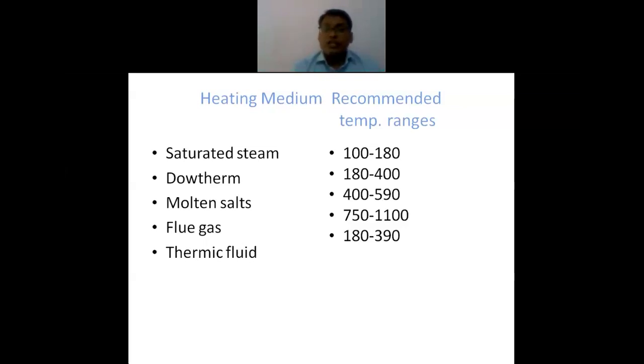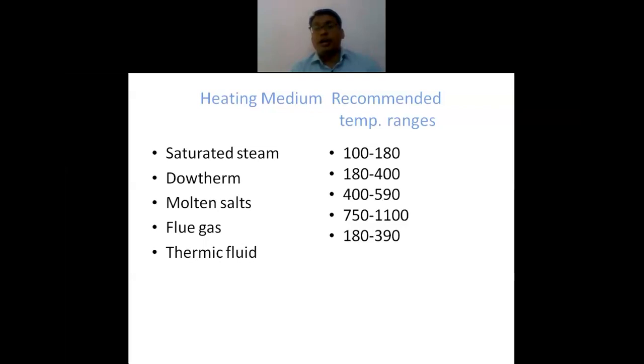They have a temperature range. Depending on the temperature required, I am going to select the type of the fluid. If water is used for cooling, meaning cooling from 50 degrees Celsius to 40 degrees Celsius, I am going to use cooling water.